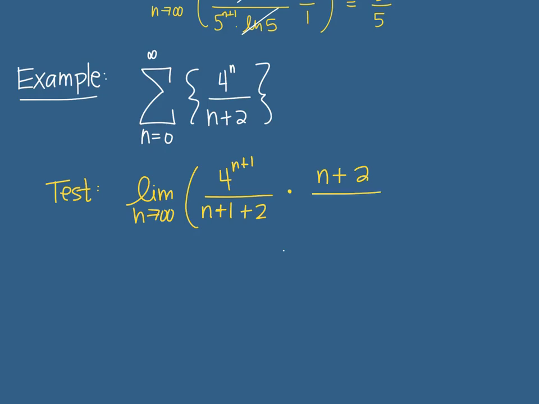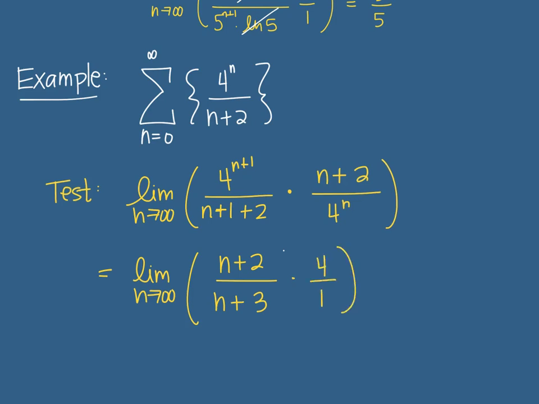So like any n, you add 1 to all the n's, not just the powers, right? Any n. Okay, I can reduce the 4's. What I can't reduce, I have n plus 2 on the top, I have n plus 3 on the bottom, and then when I reduce my 4's, I get 4 over 1.